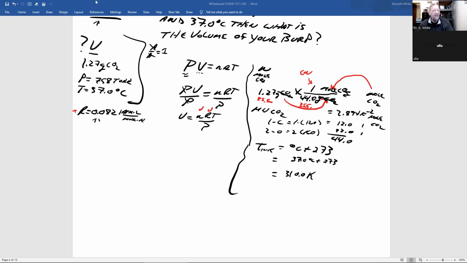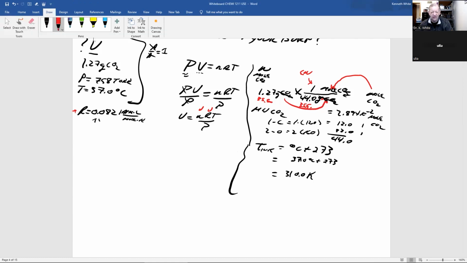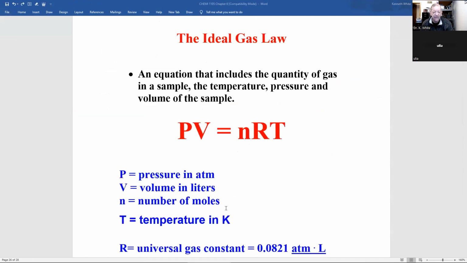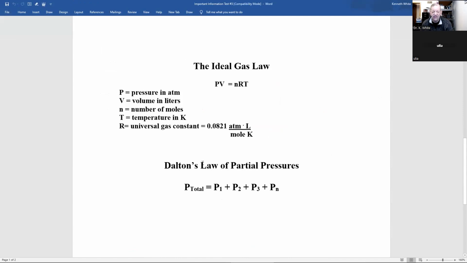So we now have temperature in the right units, and we now need pressure. And pressure we have in torr, but if you look at important information, it's the wrong place. Test number 3, pressure has to be in atmospheres. So what do I do?